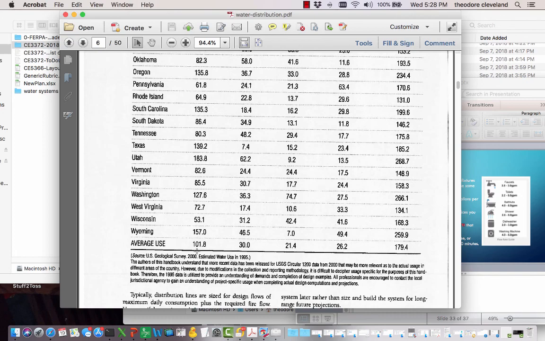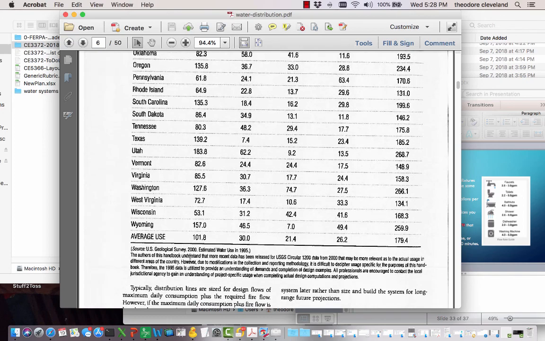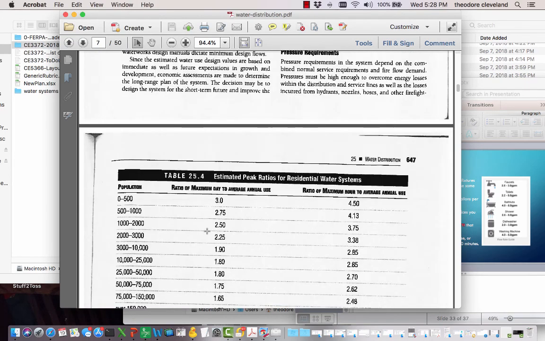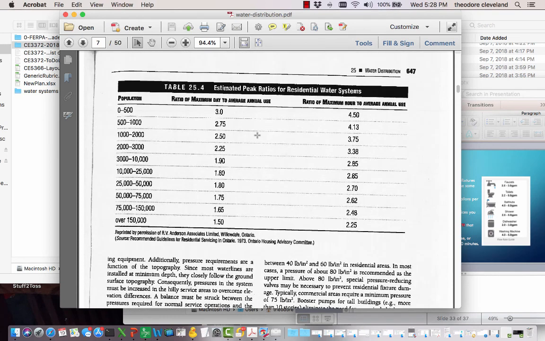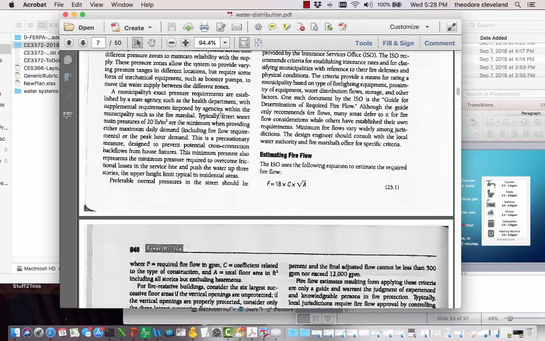Pressure requirements, and then this is important. This is a peak ratio based on system size. So it's the ratio of the maximum hour to average annual use and maximum day to average annual use.